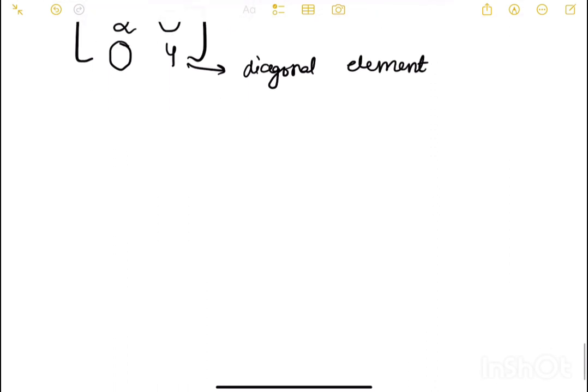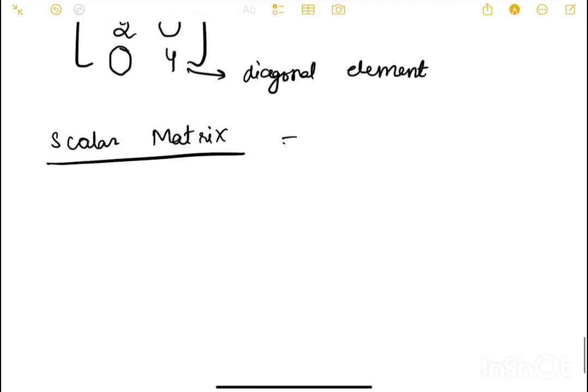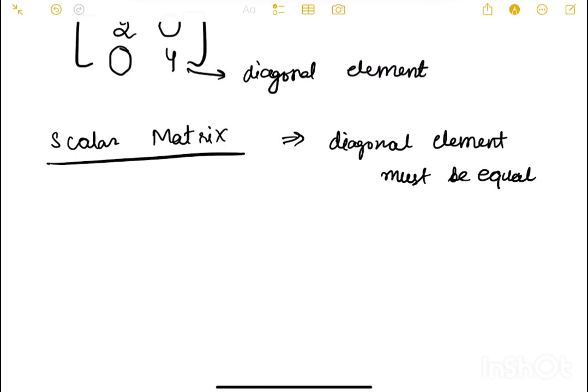Okay, now the next one is my scalar matrix. In a scalar matrix, the condition is the same as in my diagonal matrix. Here again, the additional condition is that the diagonal elements must be equal to a number, and that number has to be the same.